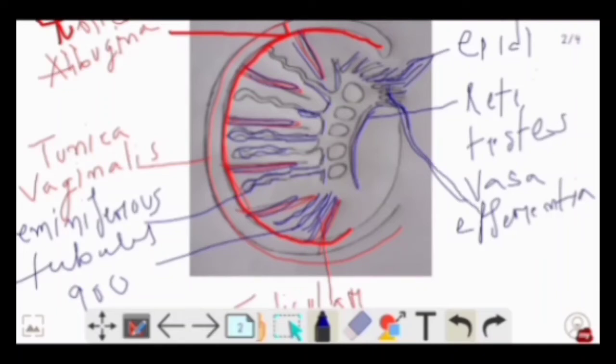Now, how does sperm formation or sperm conduction take place? Sperm formation takes place in the seminiferous tubules. This coil-like structure is our seminiferous tubules, and in them sperm formation takes place.